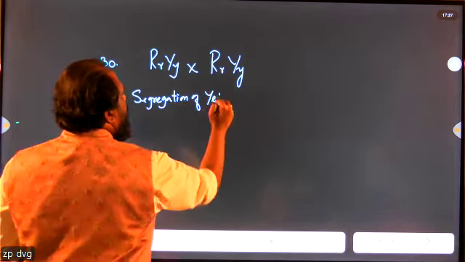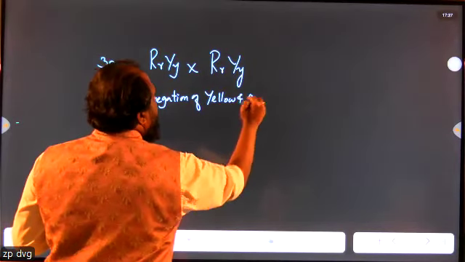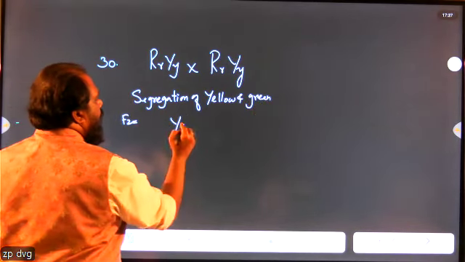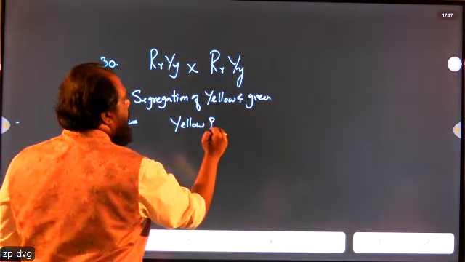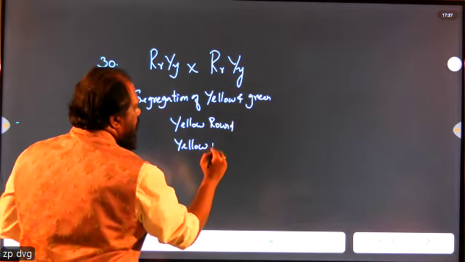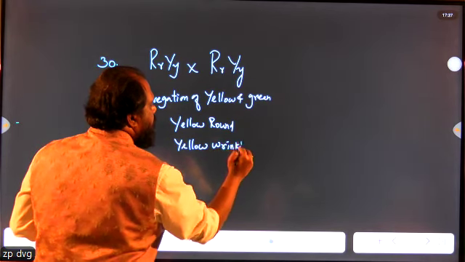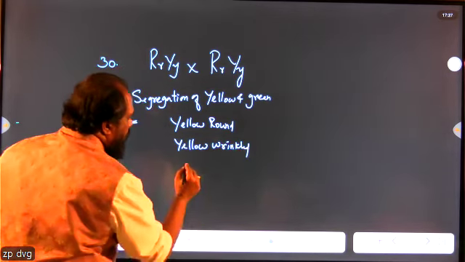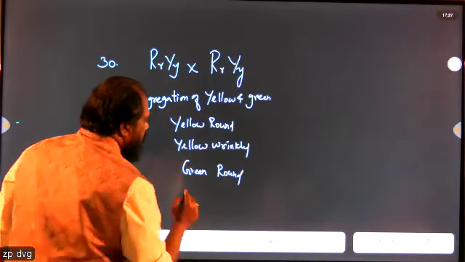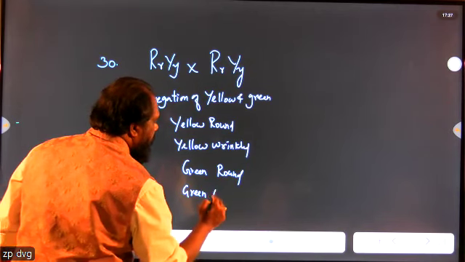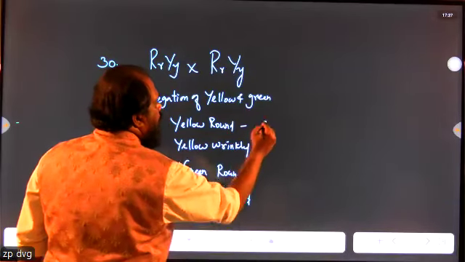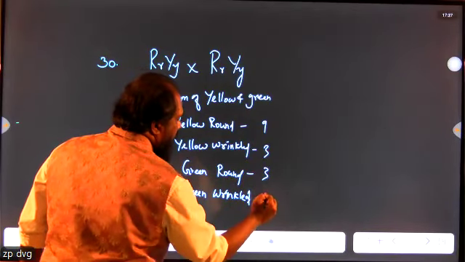In F2, what will you get? You will get yellow round, yellow wrinkled, green round, green wrinkled. What is the ratio? 9, 3, 3, 1.